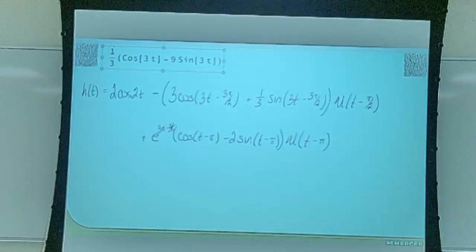I'm also going to simplify the other one, and then I'll show you the code that I used.